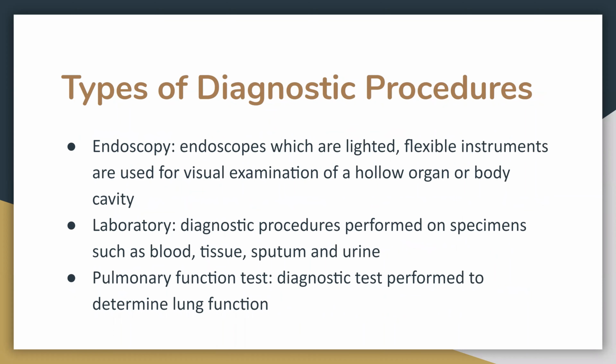You can have endoscopy, which uses endoscopes, which are lighted, flexible instruments used for visual examination of a hollow organ or body cavity. You can do laboratory testing, such as diagnostic procedures performed on specimens such as blood, tissue, sputum, and urine. You can also do pulmonary function tests, which are diagnostic tests performed to determine lung function.